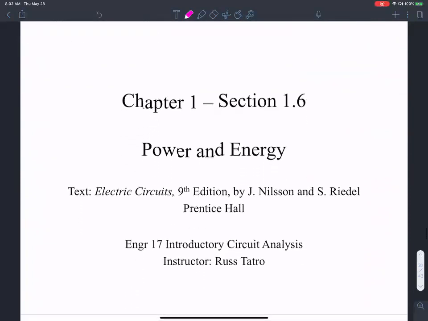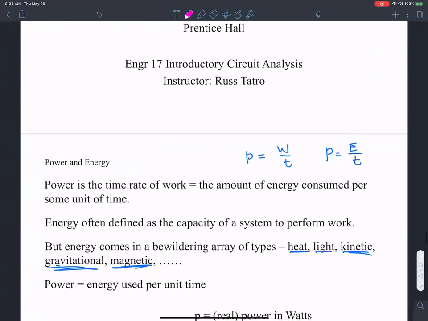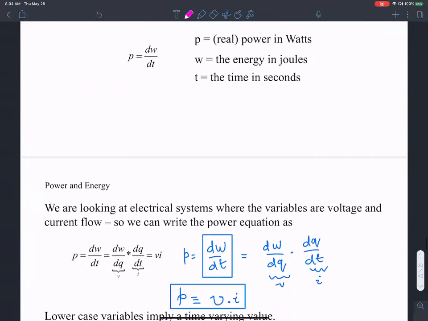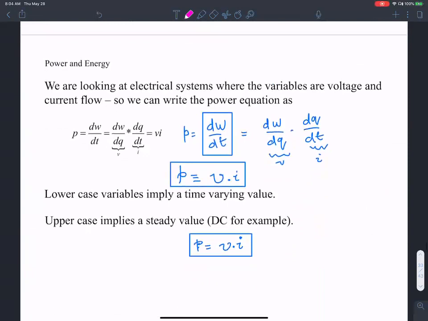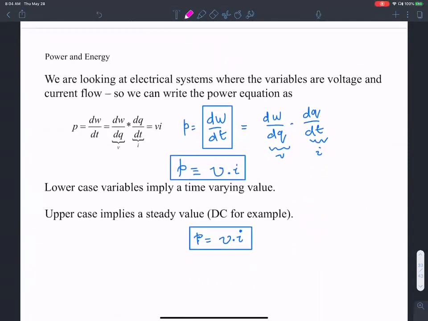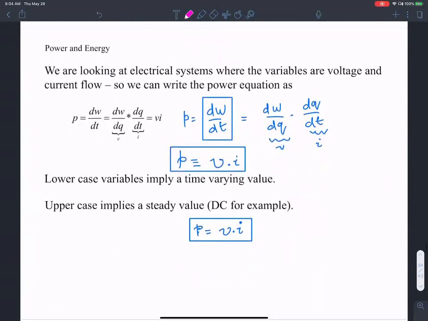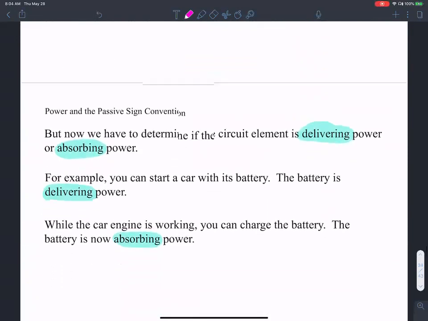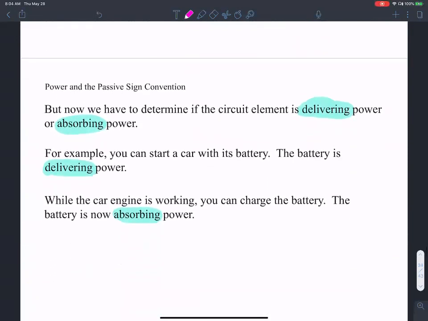We also defined the terms power and energy as they apply to electrical engineering. Power is simply V times I. A particular circuit element could be delivering power or absorbing power.